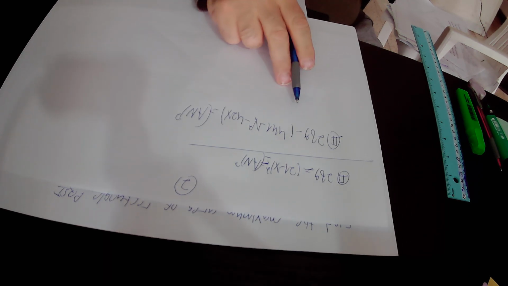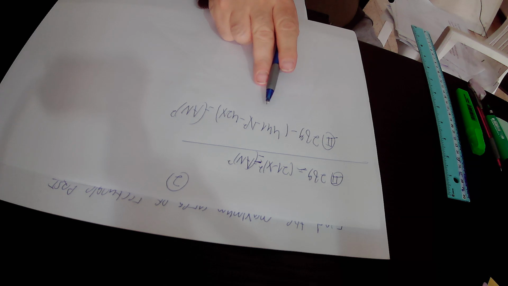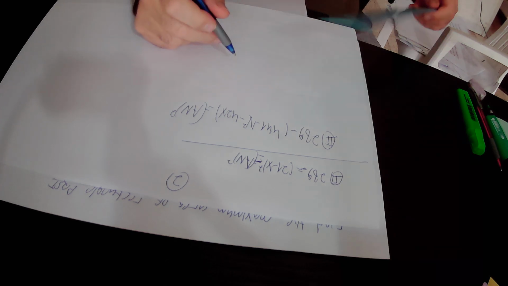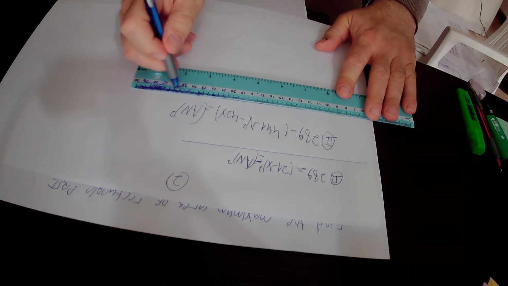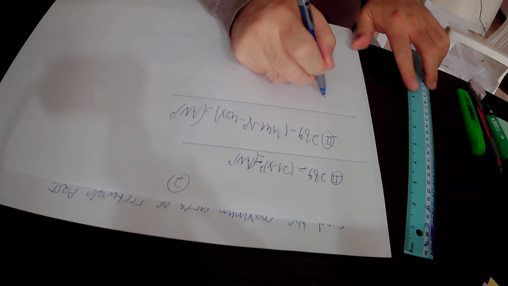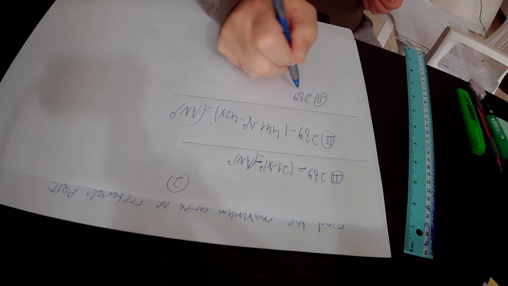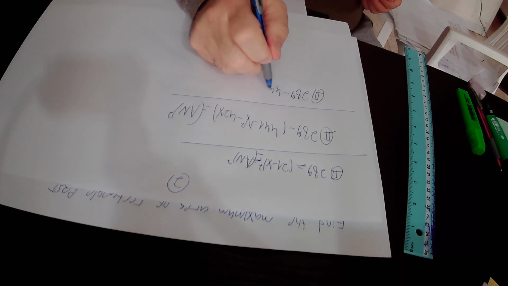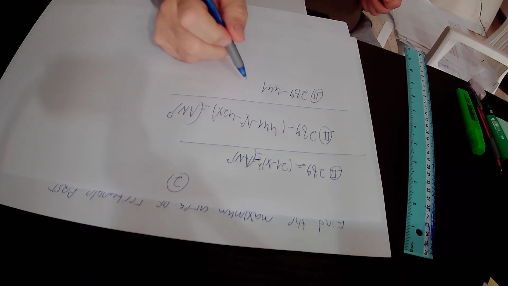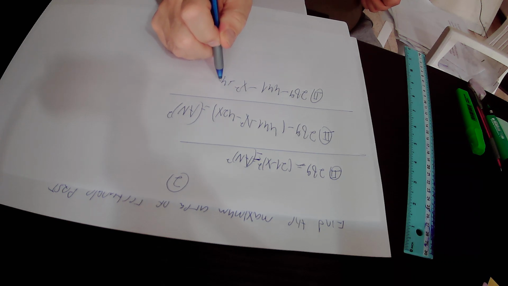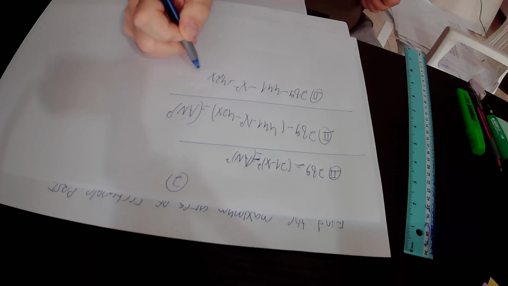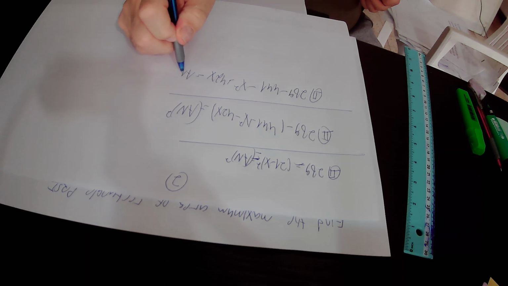So here we open the brackets, and we get that according to equation 2, 289 minus 441 minus x squared plus 42x equals AN squared.